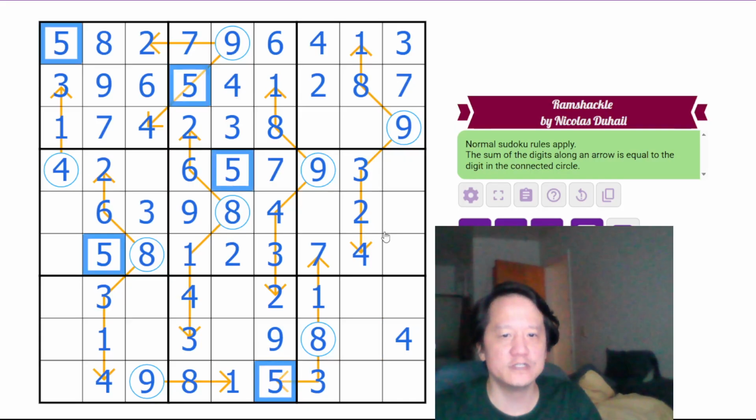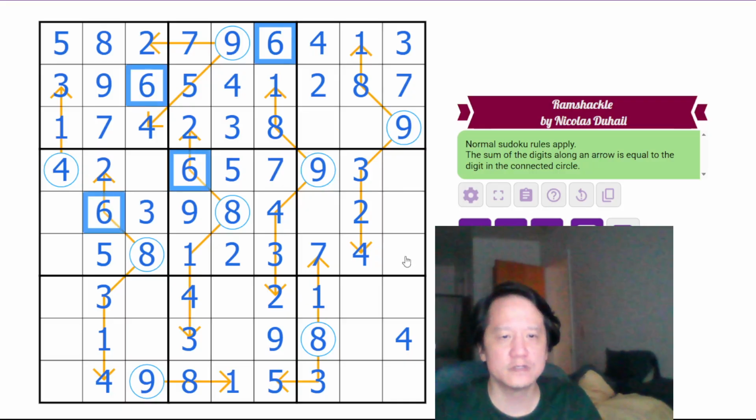5. We don't have that much information. 6s. 6 in row 6 can't be here because of 6 in the box, so 6 is there.